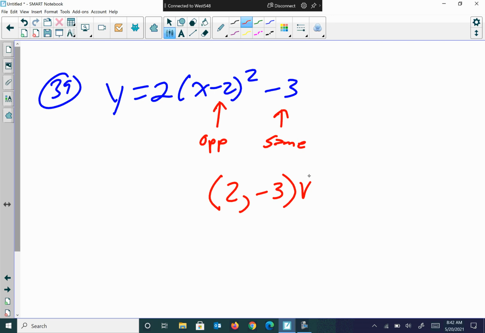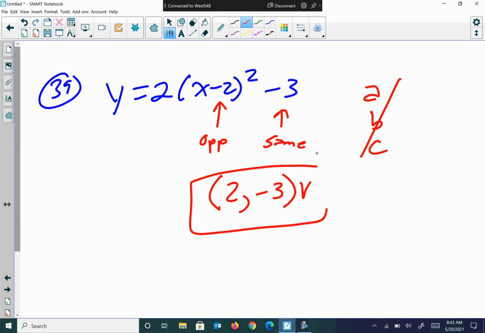What can we get rid of? Look at the vertex. 2, negative 3. So we get rid of A. Oh, sweet. A, B, and C can't work because they're not the vertex.